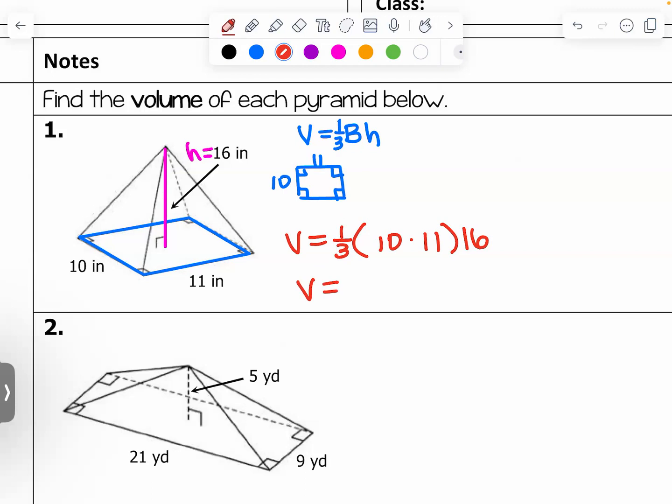But 1/3 makes it a pyramid. So if I created a prism with this picture, that volume, it takes 3 pyramids to create the one prism because of that 1/3.